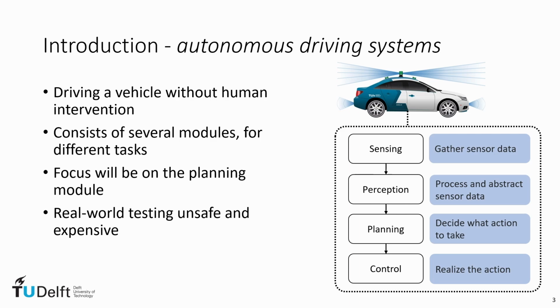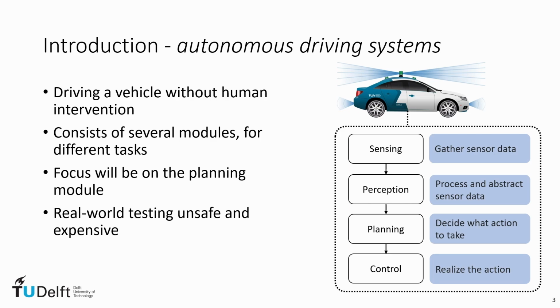This information is then used by the planning module, which will look at this information about its surroundings and decide what action to take. And this action is then given to the control module, which will try to realize it. Now the focus in my thesis is mostly on the planning module.